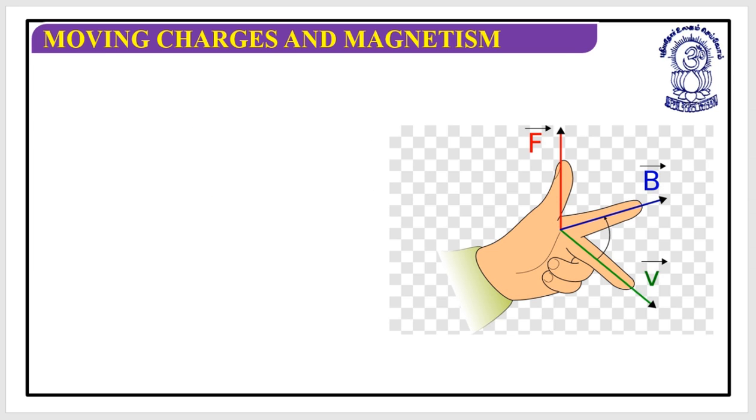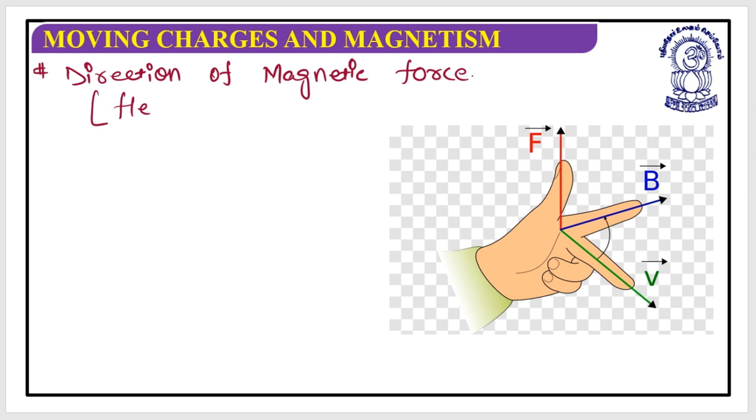Now we want to show the direction of magnetic force using Fleming's left hand rule.